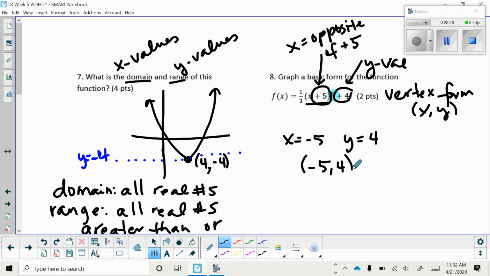But read the question again, because that's not actually what it asked me to do. It asked me to graph a basic form for the function. So I'm halfway there, like I have the vertex. But I need to know now, is this graph going to open up or is it going to open down? And here's where I look for that information. I look at the a value, which is right here.